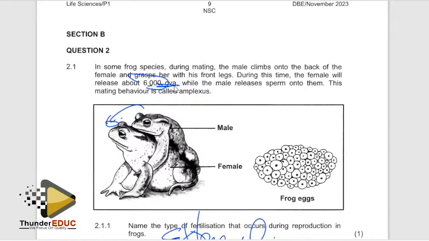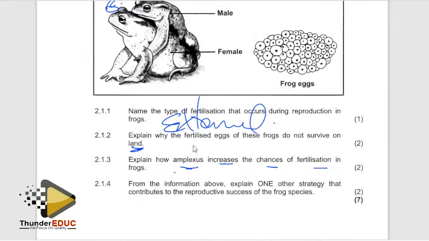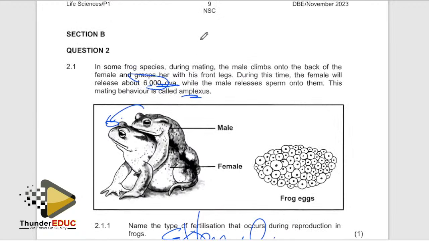So one of the correct answers could be that it can release a high number of eggs.